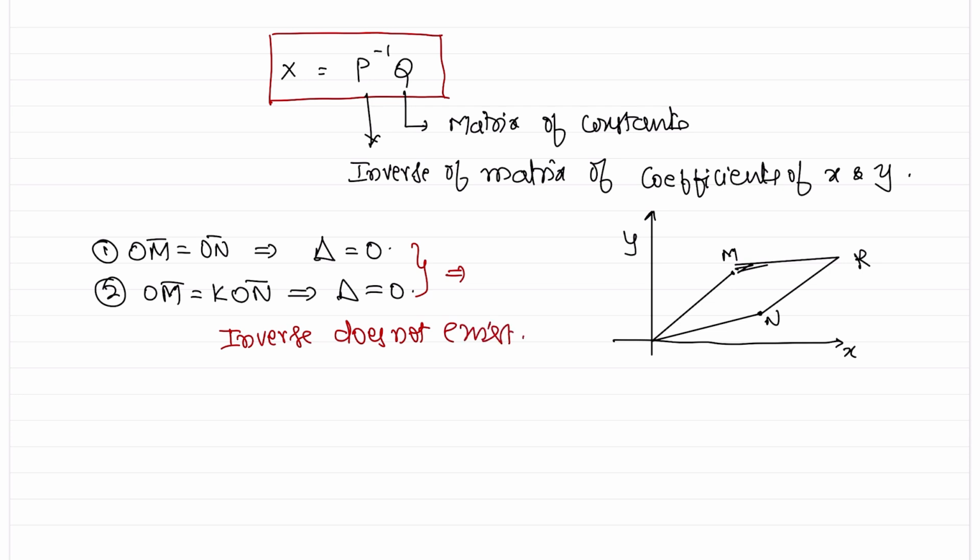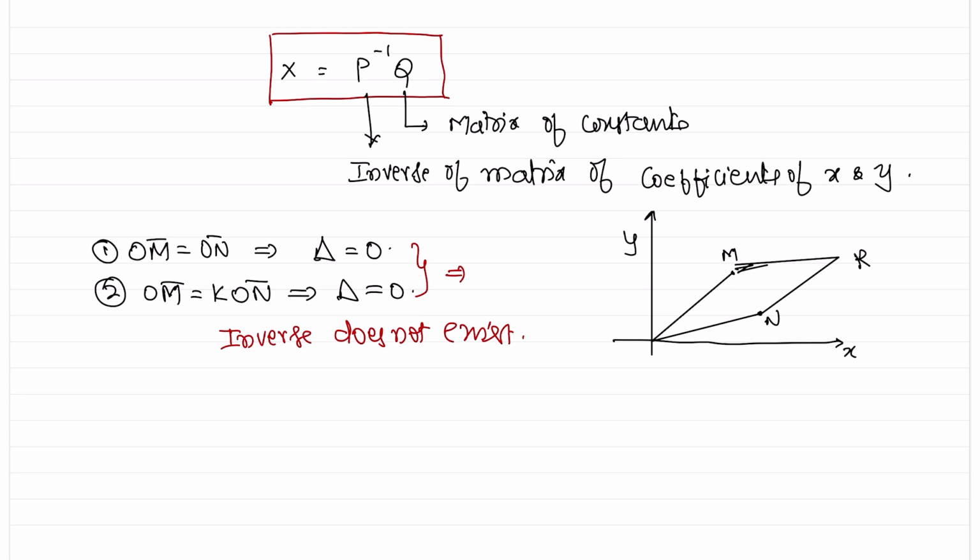If inverse does not exist, what happens? The above equation for the solution of simultaneous equations is not applicable, is not valid. That means the solution anticipated from the simultaneous equations under determinant 0 is not a valid conclusion.